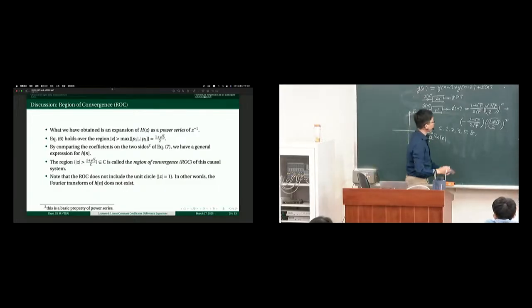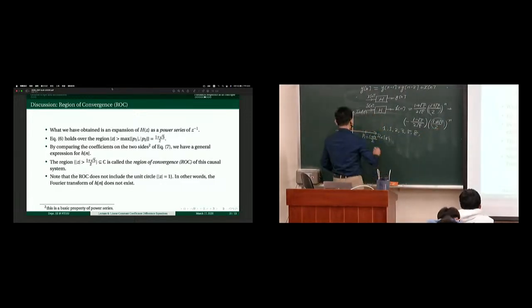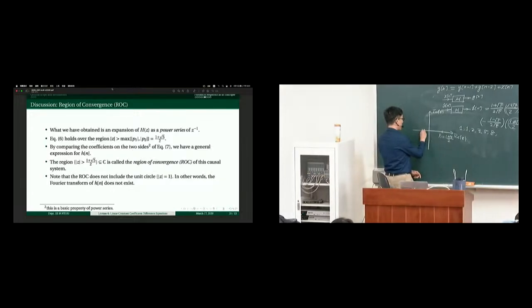What is P2? P2 is actually negative. Have you realized that? 1 minus square root of 5. So P2 is negative, but it's right here. Something like that. P2 is negative, 1 minus square root of 5. Okay, so there.